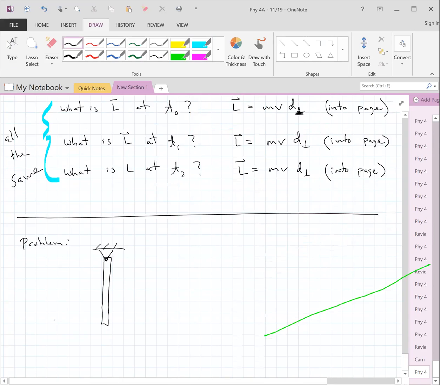And we'll have a little wad of clay that comes along with some initial velocity.